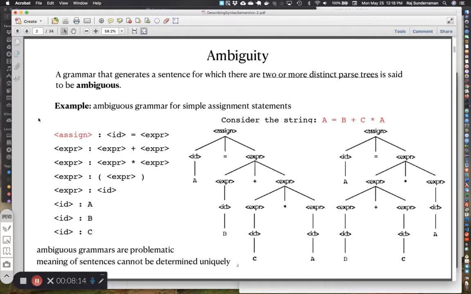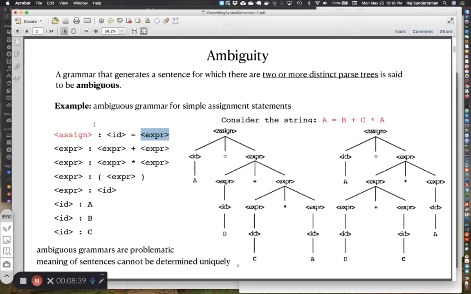So let's take the grammar given here on the left side. This is a grammar we have seen before, one of the examples we have used in the past. We have three IDs, A, B, and C. The assignment statement is ID equals expression, so the first line tells you how you write an assignment statement. Our focus is more on the expression.